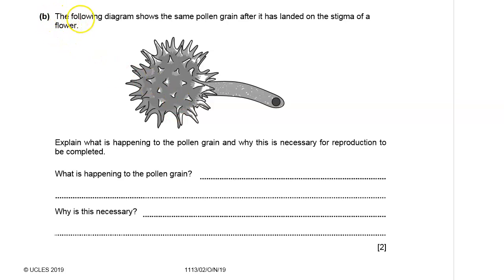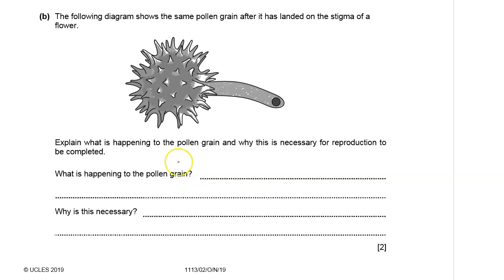Part B, the following diagram shows the same pollen grain after it has landed on the stigma of a flower. Explain what is happening to the pollen grain and why this is necessary for reproduction to be completed.